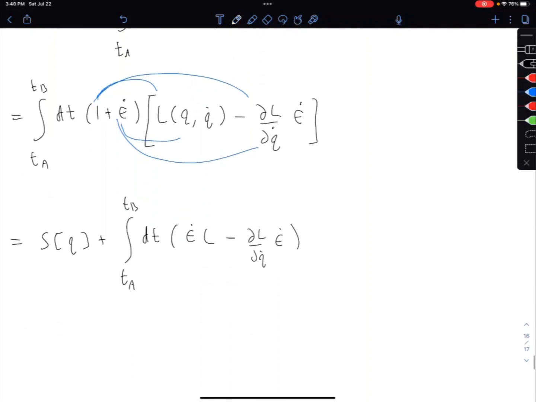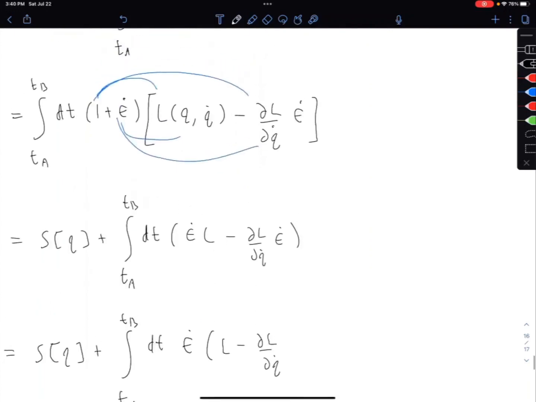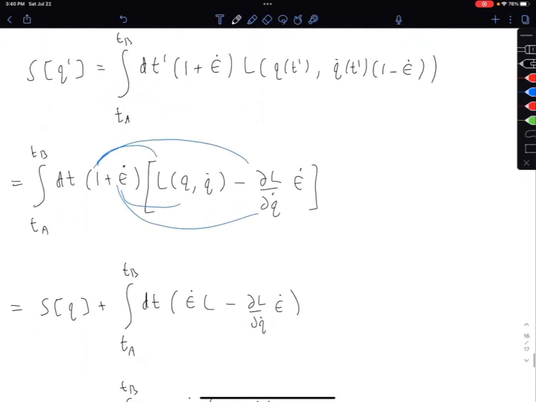And then as promised, I have obtained the form that I said we should obtain, which is epsilon dot times L minus dL/dQ dot, oh, sorry. When I expanded this here, somebody should have spoken up.